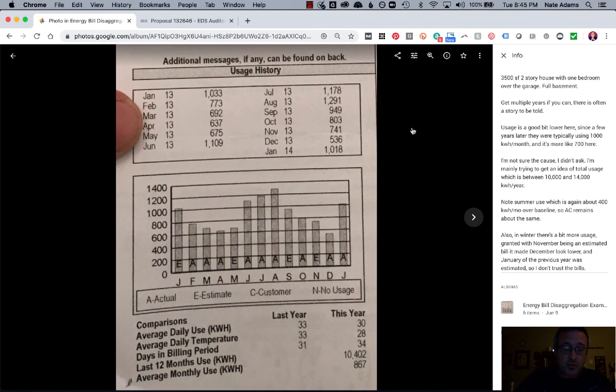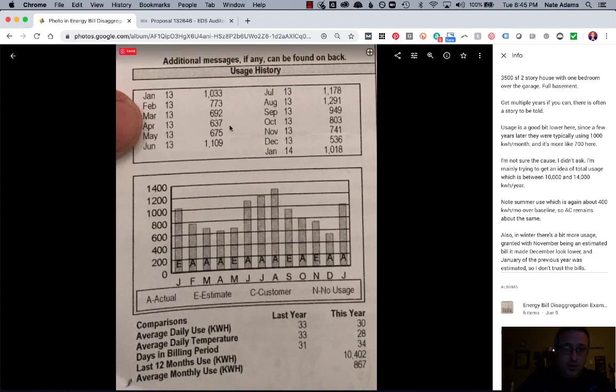Now, it's nice if you can get another bill. So this is a couple of years earlier. This client is crazy organized, and they presented me with like 10 years of energy bills. So I just took my pick and snapped a picture from a couple of other ones. And note that a couple of years earlier, their usage was a bit lower.